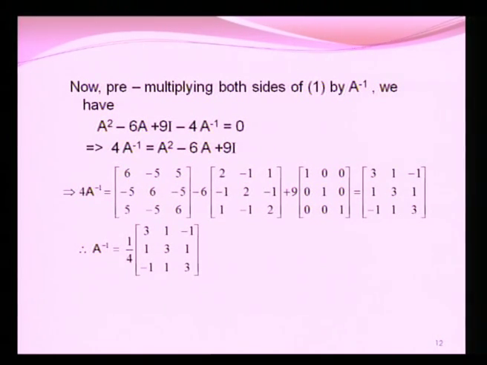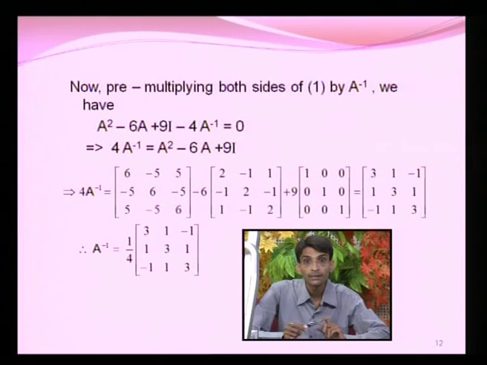We have already found A square, which is 6, minus 5, 5; minus 5, 6, minus 5; 5, minus 5, 6. Then minus 6A, we already have A, and 9 into I, where I is the identity matrix of 3 cross 3.